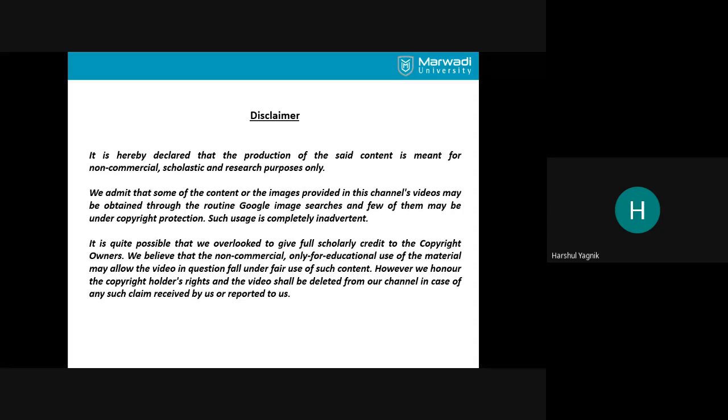Okay, there are 59 students who have joined the meeting now. And yes, we continue from our previous session. In the previous session, we had the introduction to the course.